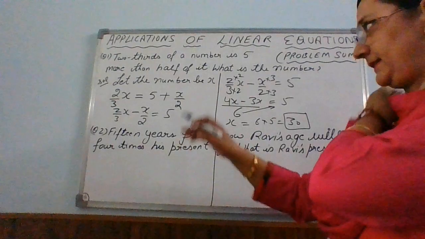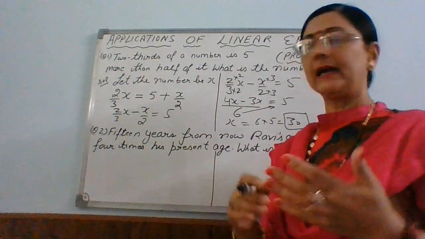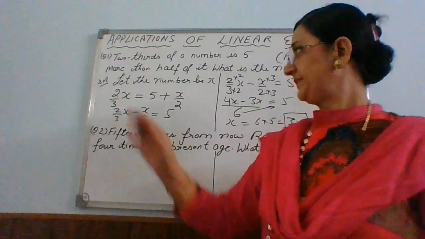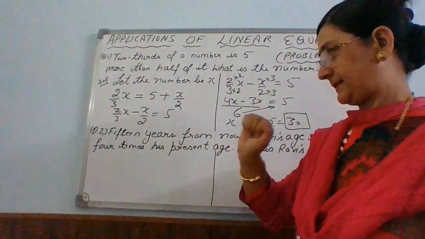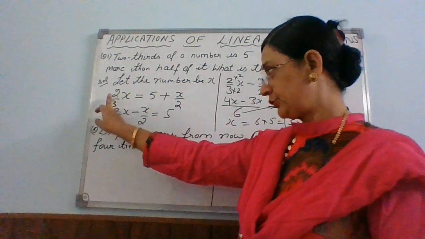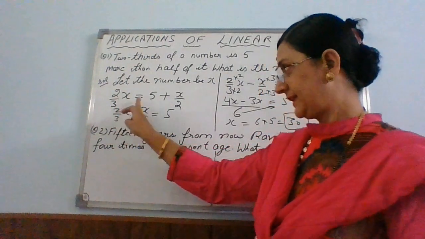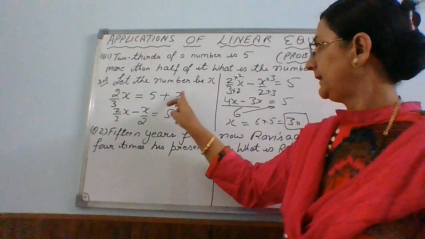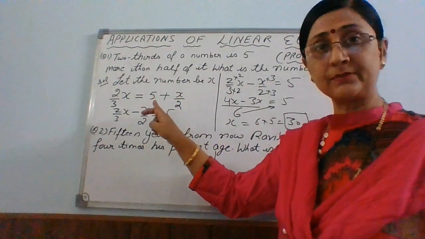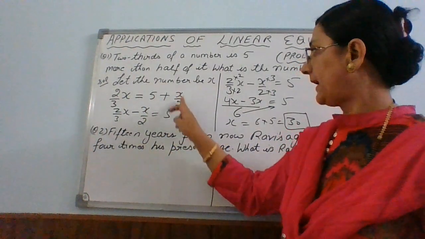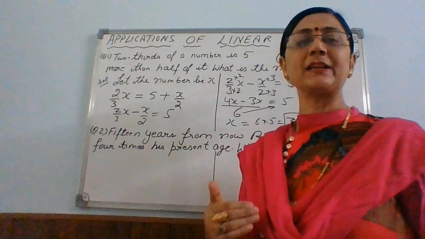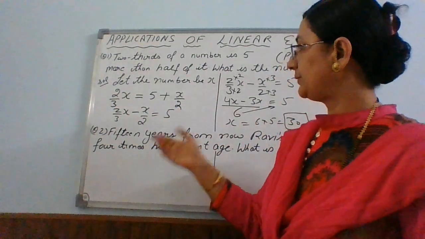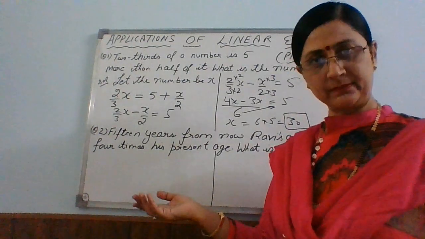Just I'll repeat this again, right? 2/3 of a number. We have to find the number. Whatever you have to find, just take that as x. So let the number be x. Now what does the statement say? 2/3 of a number is, means equals to, 5 more. More means addition. If it is less, it will be subtraction. So 5 more than half. Half means x by 2. You have to divide by 2 for finding out half. So now you have to solve the equations by the transposing method.